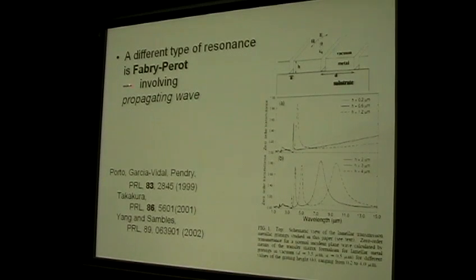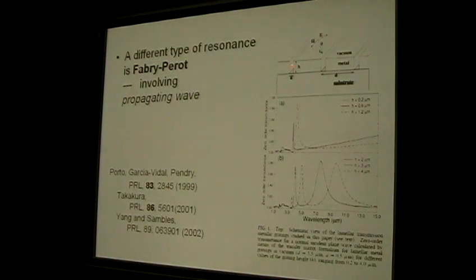Another different type of resonance is the so-called FP resonance. And Pendry, in his paper, said that if you drill some narrow slits through the metal film, no matter how thin the slit is, for one particular polarized wave, the wave inside the slit is still propagating.